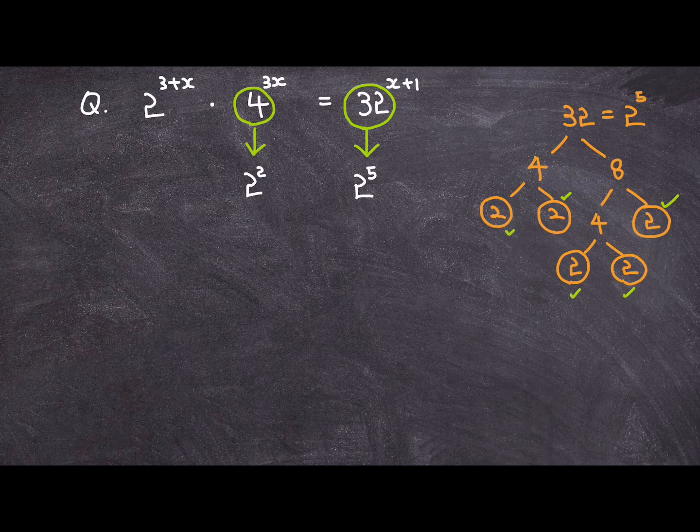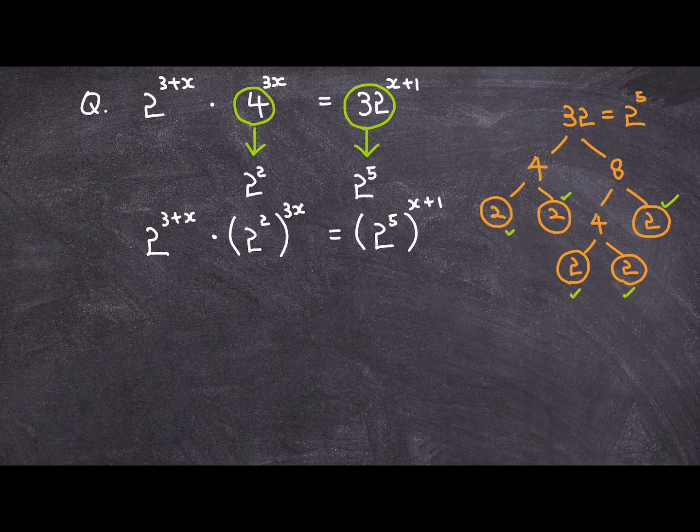So let's go ahead and do that. I have 2 raised to the power of 3 plus x, multiplied by 2 squared, and then the whole thing raised to the power of 3x, is equal to 2 raised to the power of 5, take everything raised to the power of x plus 1.